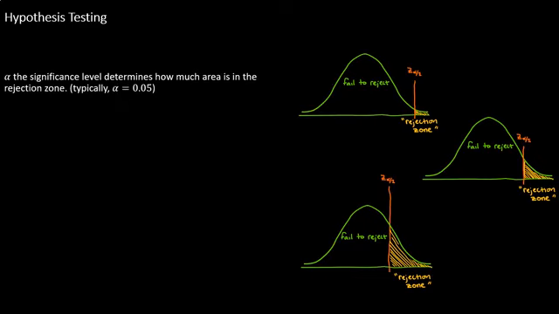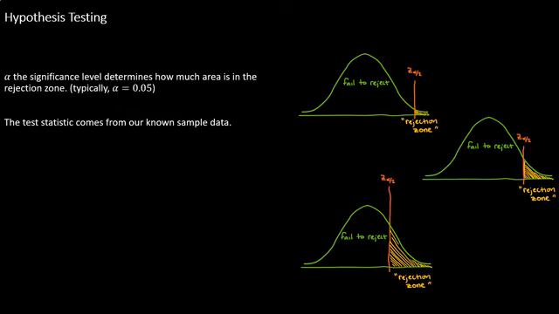We're looking at a right tail test where the rejection zone is in the right tail of the normal distribution. And notice that when we have a larger rejection zone, that would result from a larger significance level. So small significance level, small rejection zone, large significance level, large rejection zone. The test statistic comes from our known sample data.